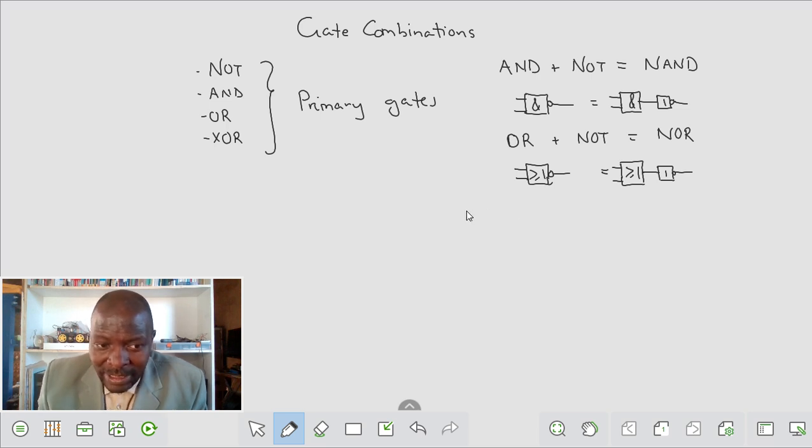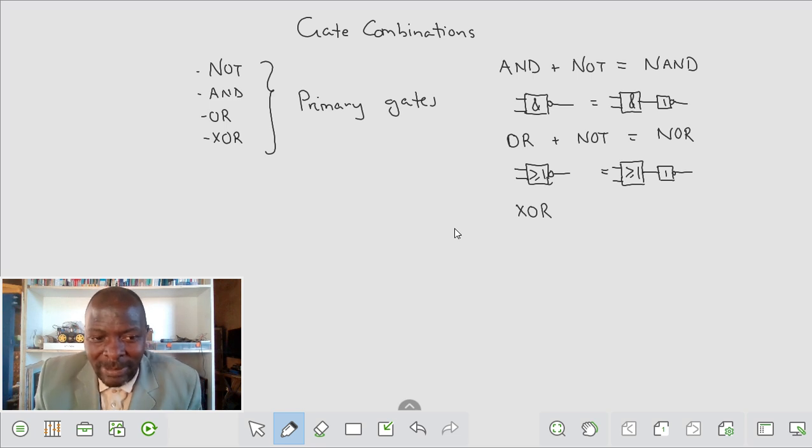Also, despite these two being somewhat different gates, the exclusive OR and the exclusive NOR might work in a way that they actually look like opposites. But if we had an exclusive OR and we added that to a NOT gate, we would have the exclusive NOR.